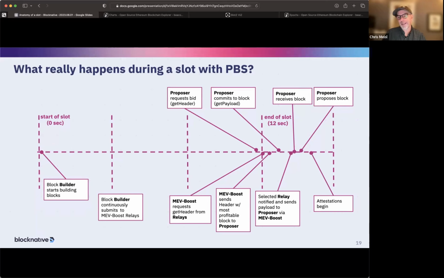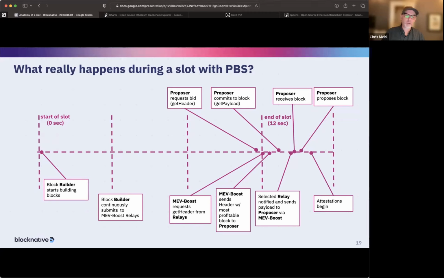And meanwhile, the relay also proposed it just to help things along. In fact, there's been a recent change where any relay that knew about this block, remember that builders might send to multiple relays, will propagate it. Let's say the winning block is coming from the Blocknative relay.